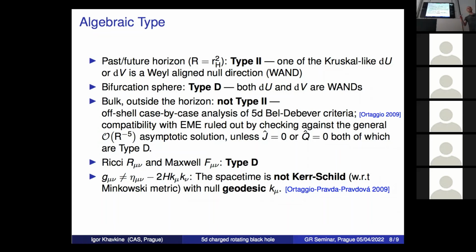And in a few cases, he got to some condition that was essentially a second order or first order ODE on the parametrizing functions. And by looking at it at first glance, you don't know whether it's compatible with Einstein-Maxwell equations or not. And in those cases, what we did was we used the Frobenius expansion at infinity, expanded to order inverse r to the 5, and checked that this produced an inconsistency with the conditions required by type II, unless you reduce to one of the known type D cases.